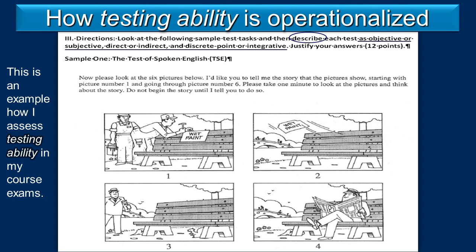That means they need vocabulary, they need grammar, they need to know the structure of a story, so this is discourse competence, they need sociolinguistic competence, they need a lot of different language elements, and therefore the task is integrative because it is testing different elements and not just one.